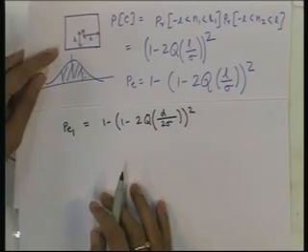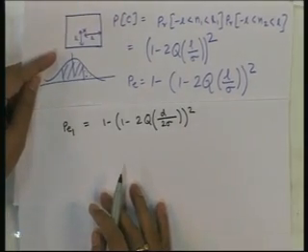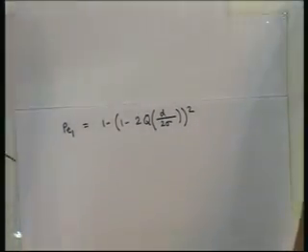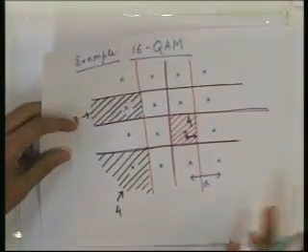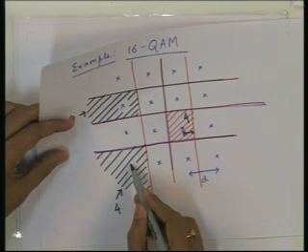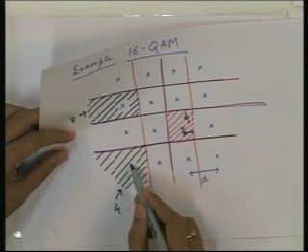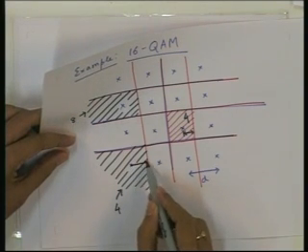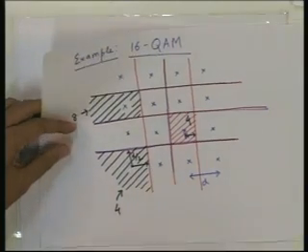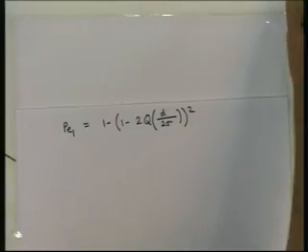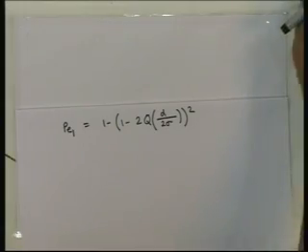Okay. So, now let us take another point and find the probability of error, and this distance is also d by 2, this distance is also d by 2. We have also computed the probability of error for this type of decision region.